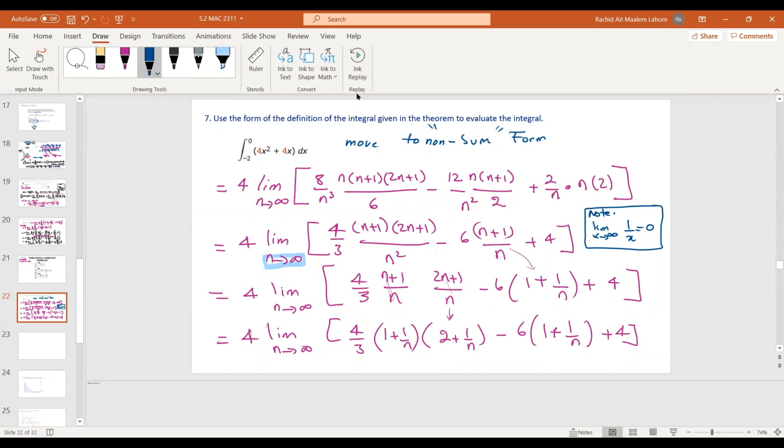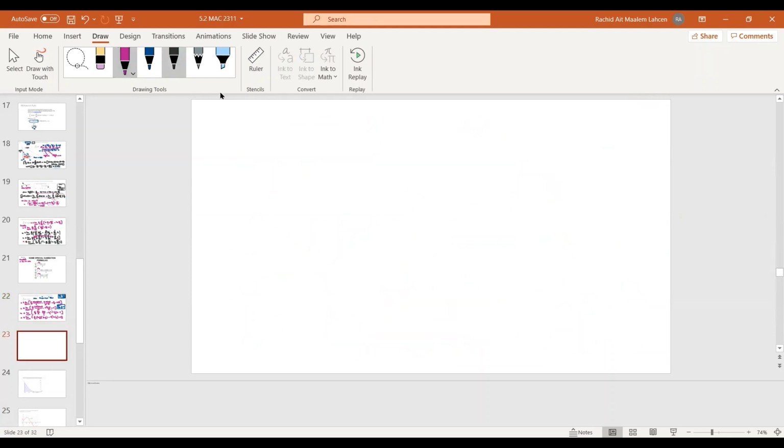So let's show here as well, n plus 1 over n, it's n over n plus 1 over n, which is 1 plus 1 over n. So we did this, so we have these nice places here, and we can now apply the limit. We can now evaluate here the limit as n approaches infinity.